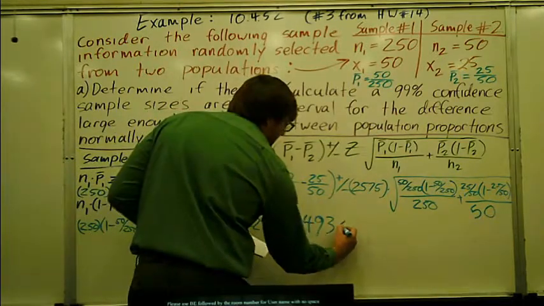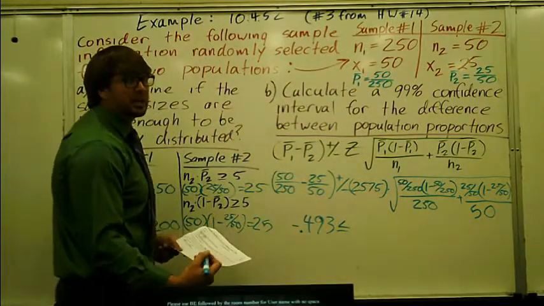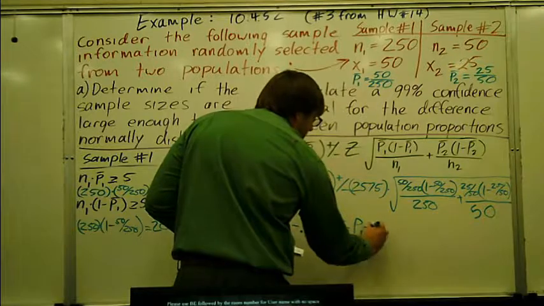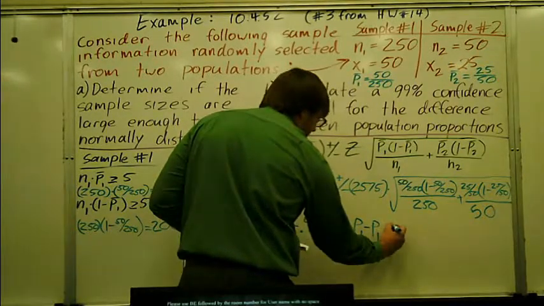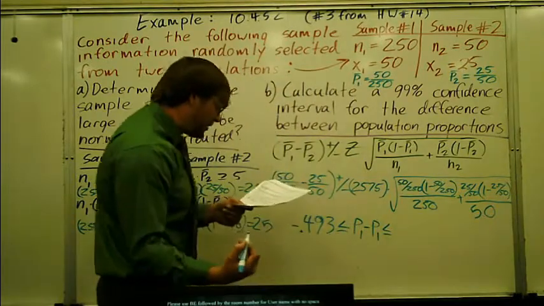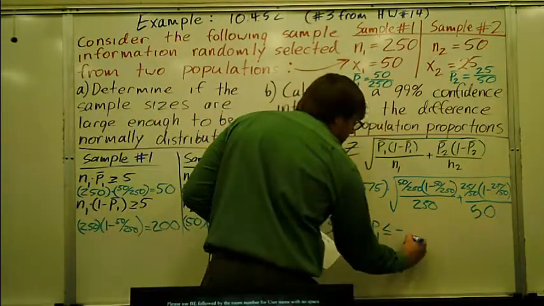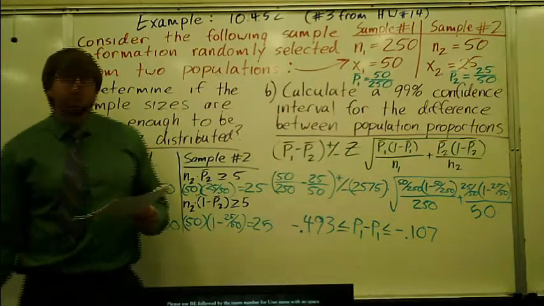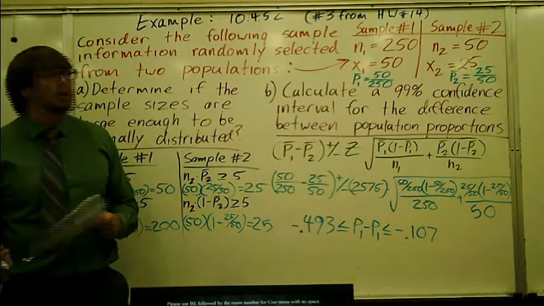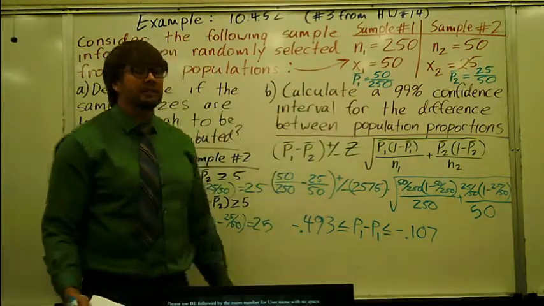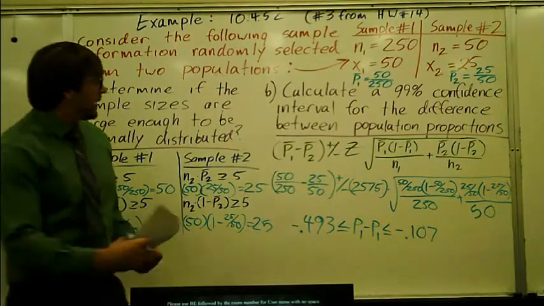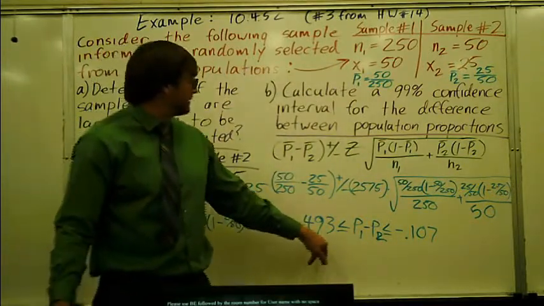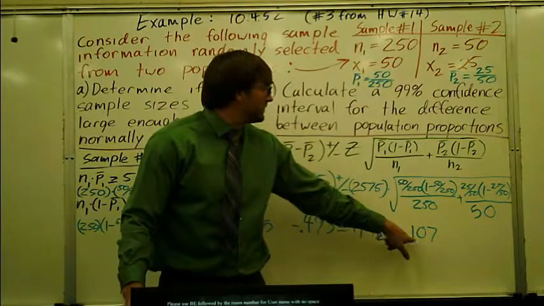And we're 99% confident that that is less than or equal to the difference between the two population proportions, which is less than or equal to our upper bound, which I came up with as negative 0.107. Bam, we got it. So summing that all up, we can be 99% confident that the true difference between the population proportions, p1 minus p2, is between negative 0.493 and negative 0.107.